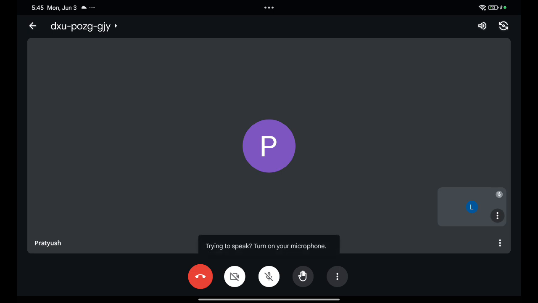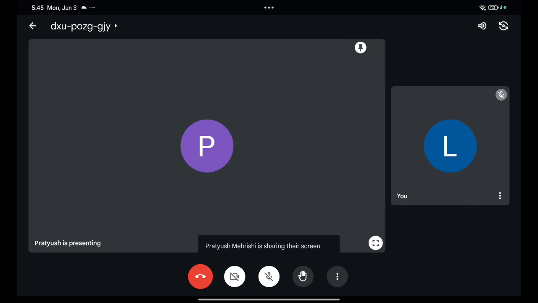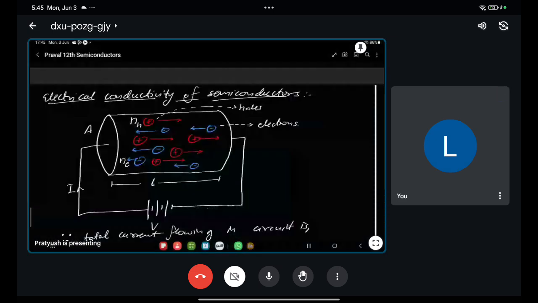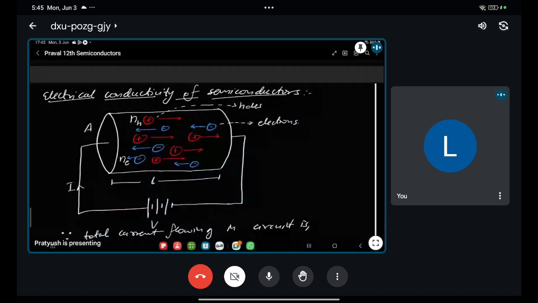Now let us start with electrical conductivity of semiconductors. Is the screen visible? Sir, visible, sir. Okay, now first of all, draw this diagram fast.